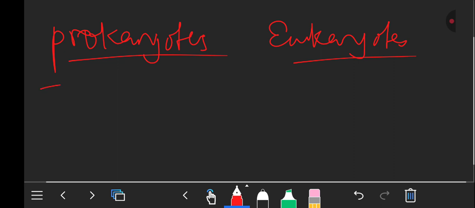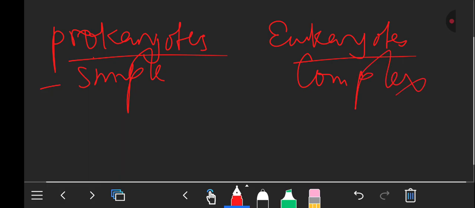So one difference is that when you're talking about the prokaryote, these are simple. They are simple structures. But when you talk of eukaryotes, like a human being has a eukaryotic type of cell, okay? They are complex, okay? You need to understand that. Then this one, the prokaryotes do not have a true nucleus.